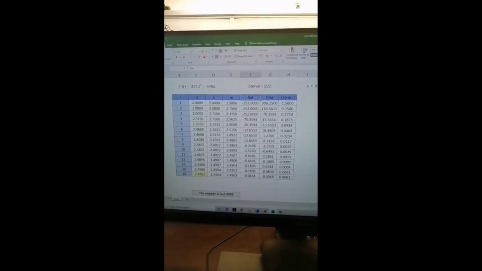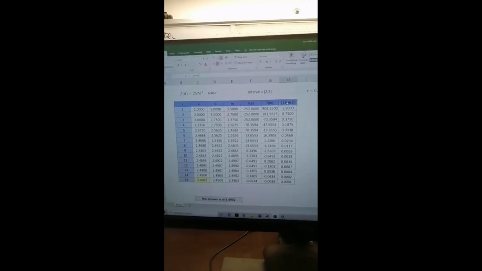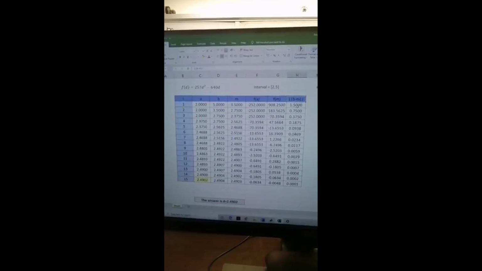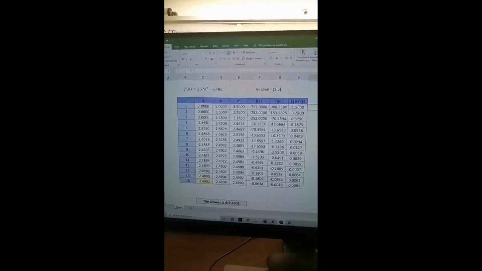We label it as I for iteration, A the first initial guess, B the second initial guess, M the midpoint, fa the value of the function when we put the value of a in the equation, followed by fm, the same as fa just now, and b minus m, which is the standard error for that iteration.